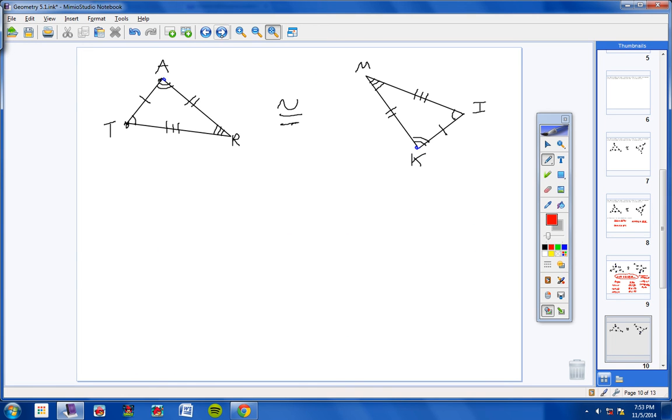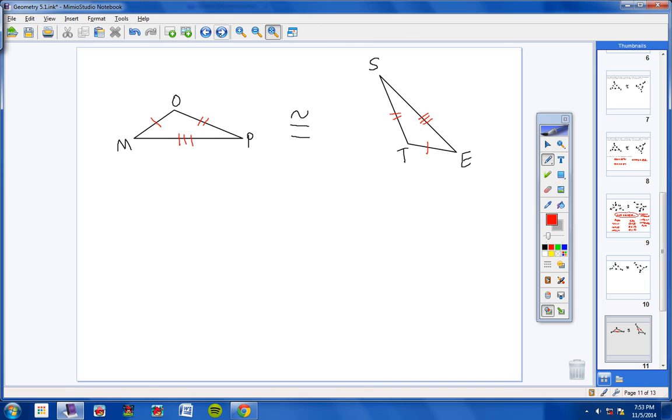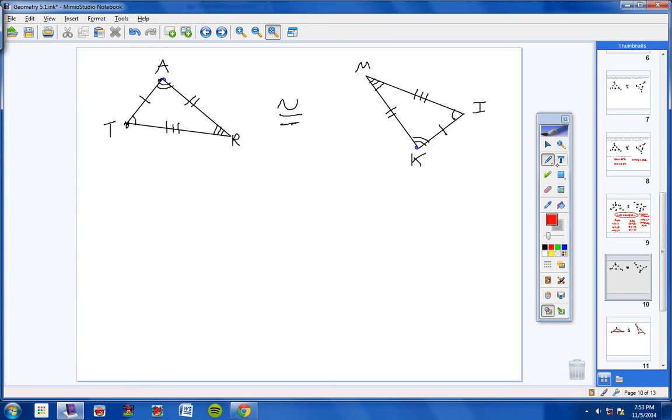Okay, here we go. I think we have 2 more of these to do, so let's take a look at this one here. Okay, on your own, go ahead and write a congruent statement, if you would please, for triangle KIM. Okay, triangle KIM. You can do this on your own or watch me. Okay, triangle KIM. What would be the congruent statement? Triangle KIM is congruent to triangle blank. Okay, go ahead and do this on your own.